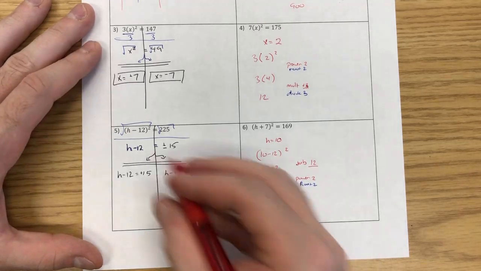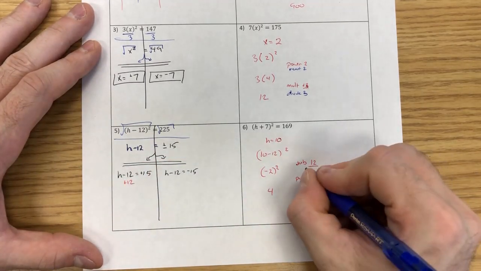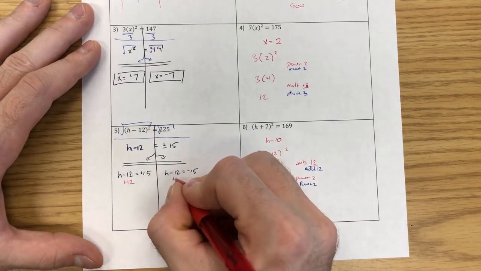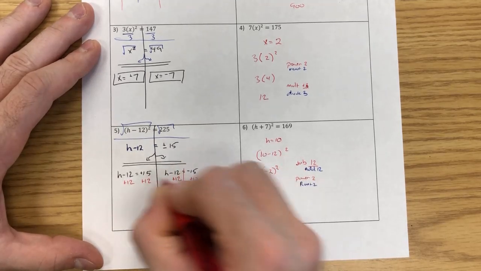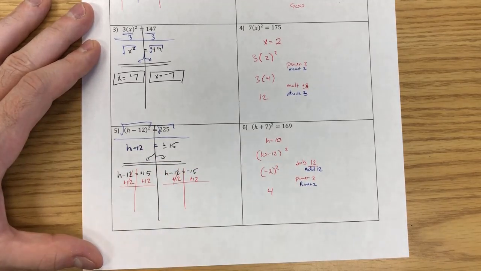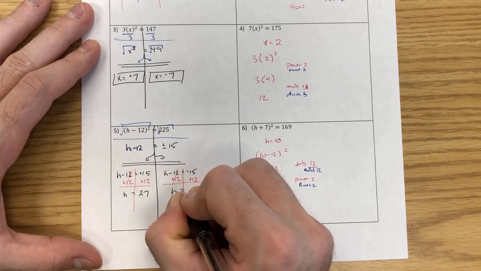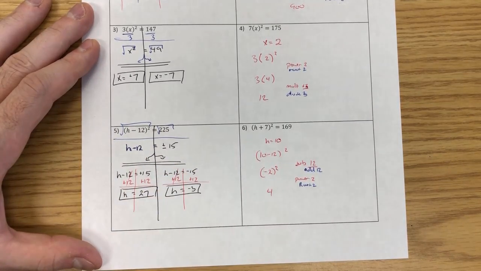And so as we saw from here, I would add my 12 because that is the opposite of what we did right here. So I'd add 12. And so I get h on this side is equal to 27. H on this side is negative 3. Perfect.